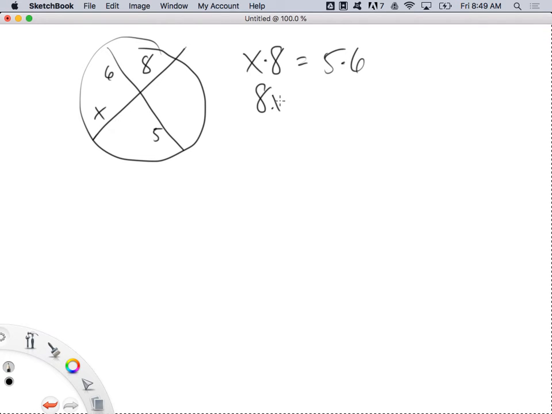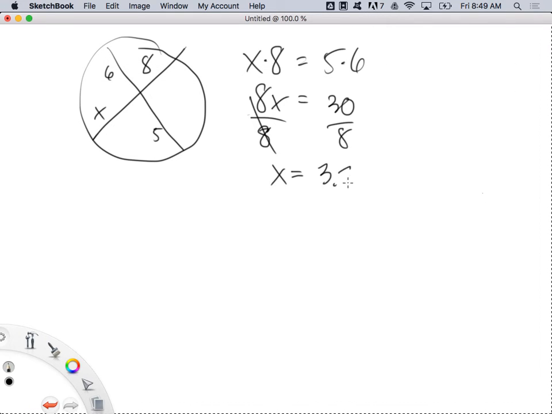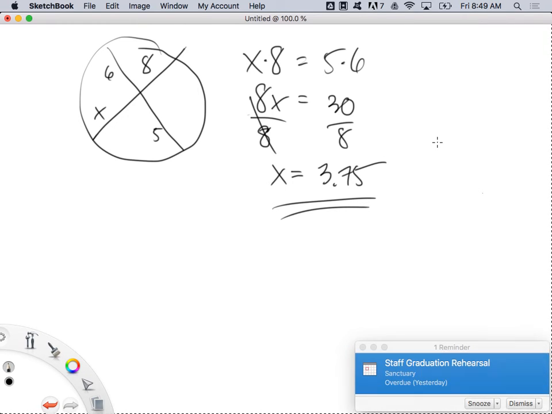So 8x equals 30. Then you divide by 8. And you get x equals 30 divided by 8 is 3.75. Rounded? No, because that is an exact decimal.